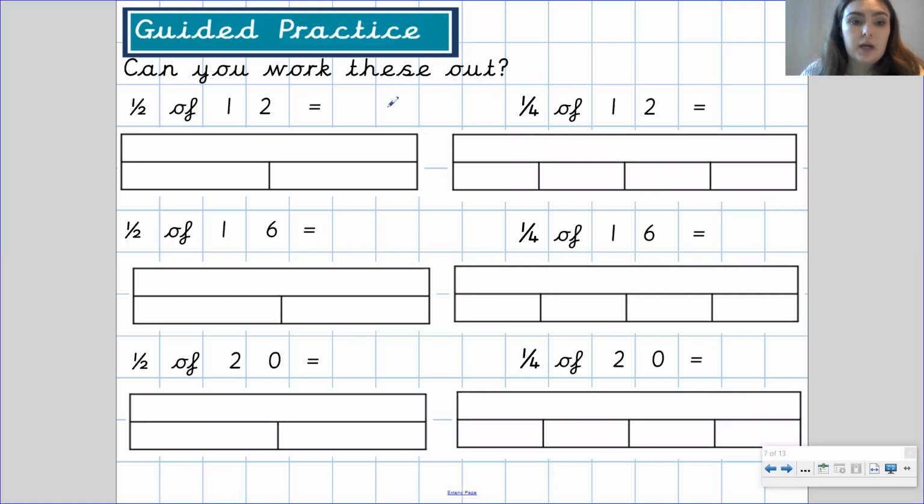Okay, let's work these out together. So the first one is, what's a half of 12? So half of 12. So we need to share 12 equally between 2 groups. So pause the video to share 12 equally between 2 groups.